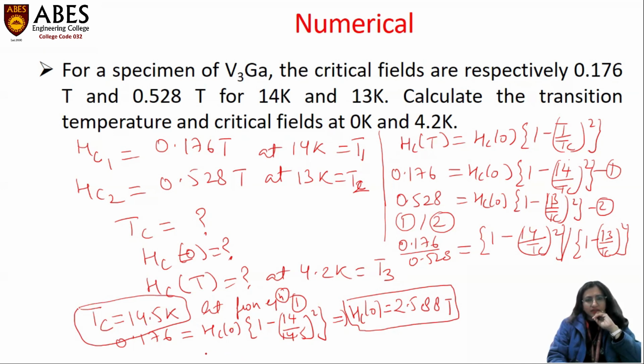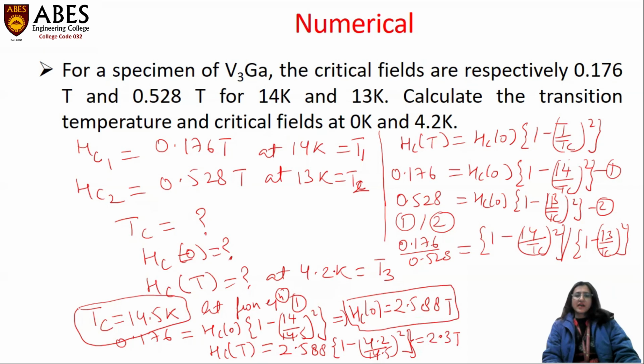Again, we can calculate HCT. We have the value of HC0, 2.588 × (1 − (4.2/14.5))². When we solve this equation, the value is found to be 2.3 Tesla.